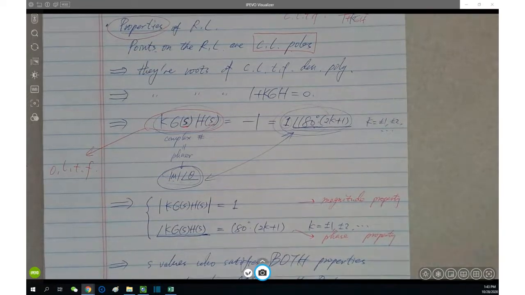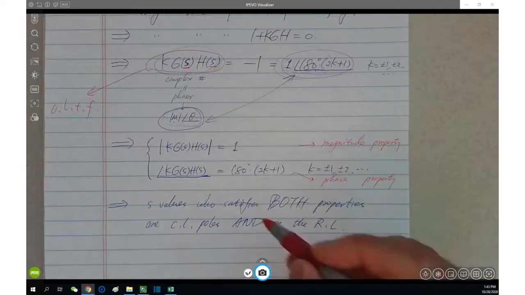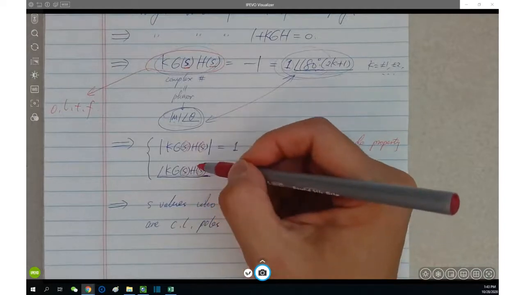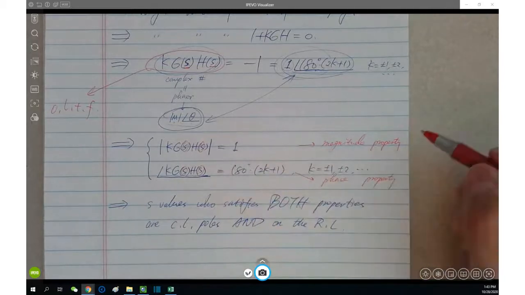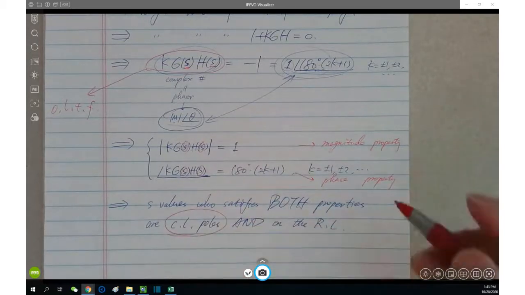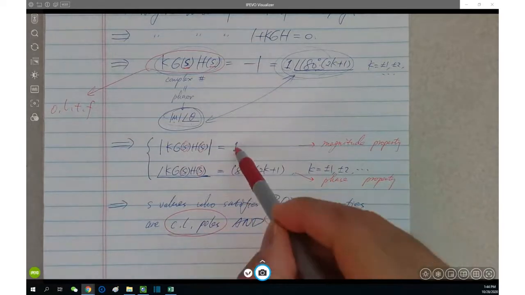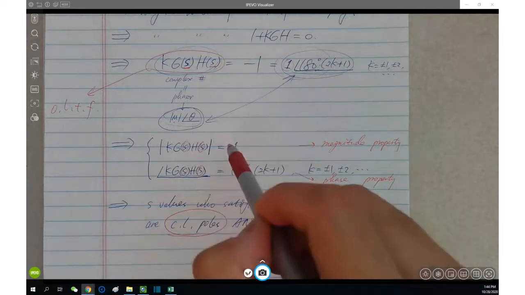Does it make sense? Obviously, they're in terms of S, and if you have an S value that satisfies both properties, this S value is definitely a closed loop pole, and also definitely on the locus. In other words, the points on the locus definitely satisfy both properties.